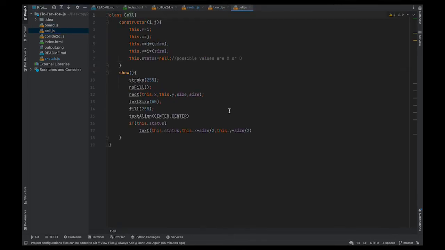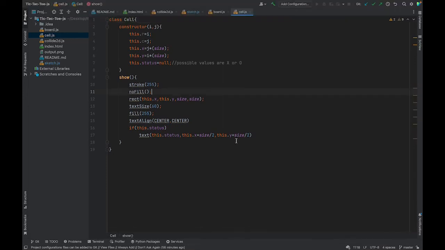The cell JavaScript file contains all the logic required for the user to click the cells and populate the winning criteria.